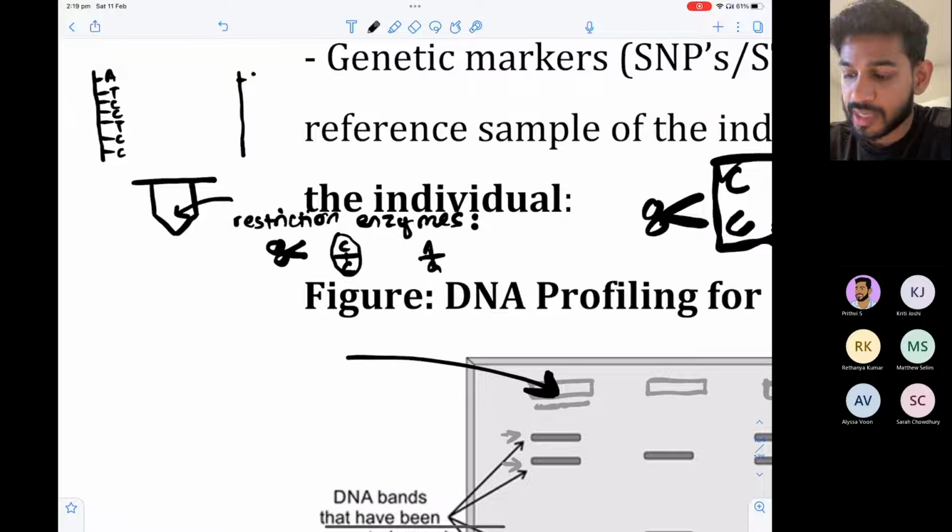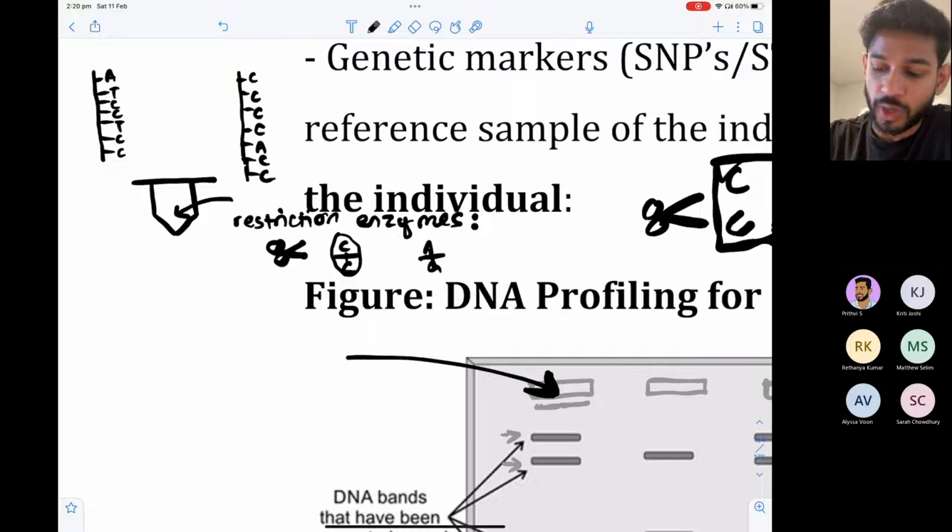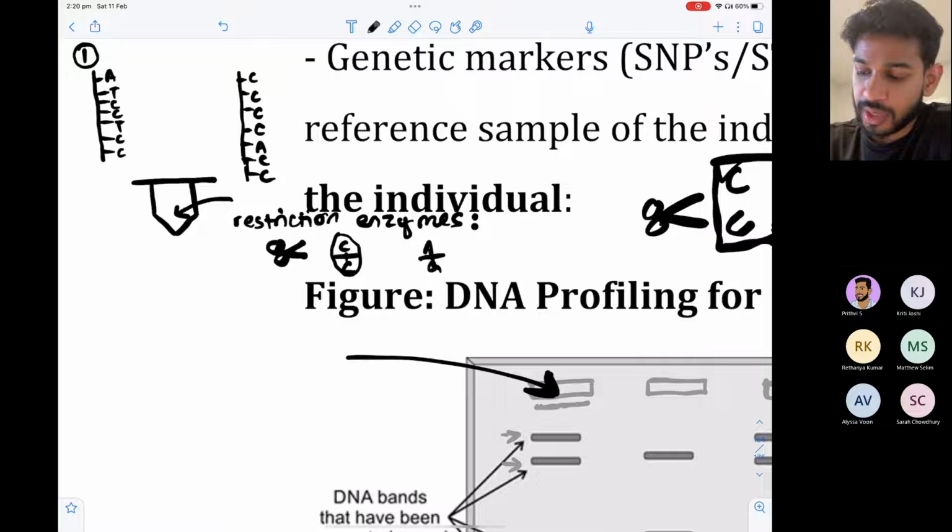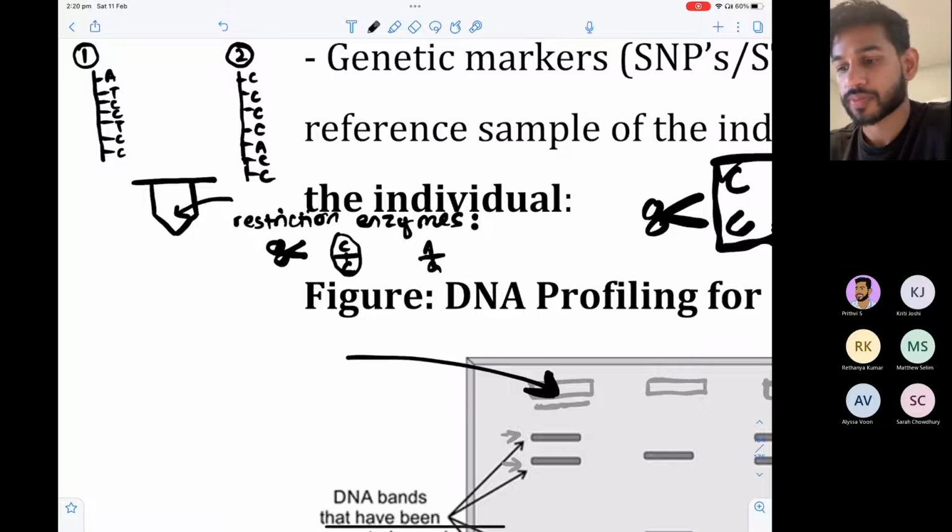And person 2 has C, C, C, G, A, C, C. Let's just say. How many fragments would person 1's DNA be turned into? And how many fragments would person 2's DNA be turned into?